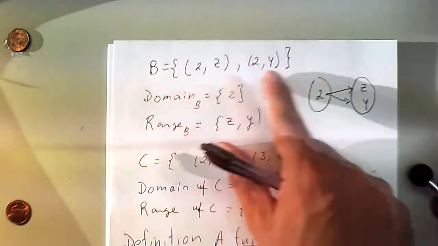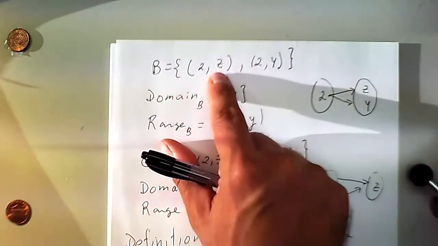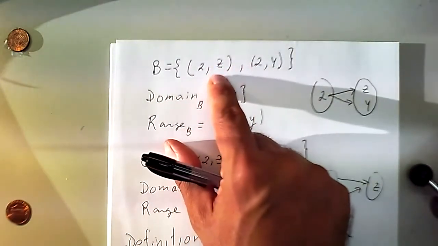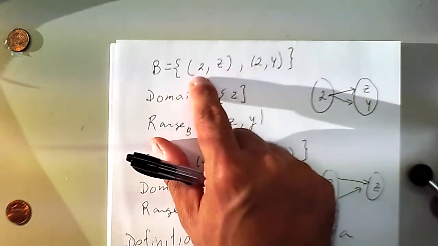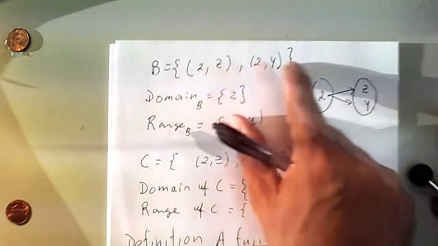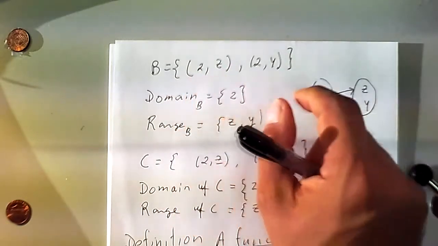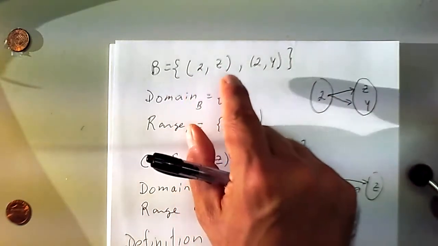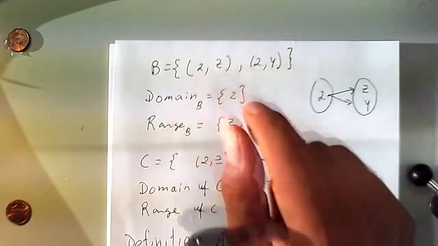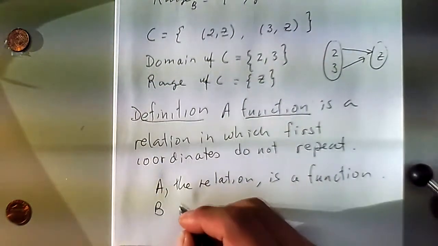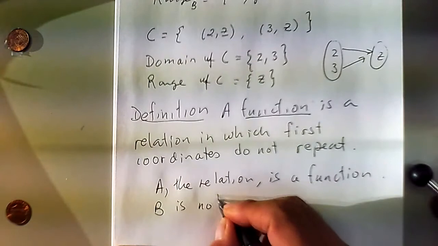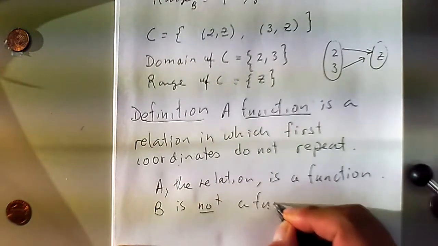Even if you have a million, if you have one set of points in which the first coordinate is repeated, that's it. That messes up the entire thing. So there's got to be no repetition whatsoever in order for us to have a function. This is not a function. So B is not a function.